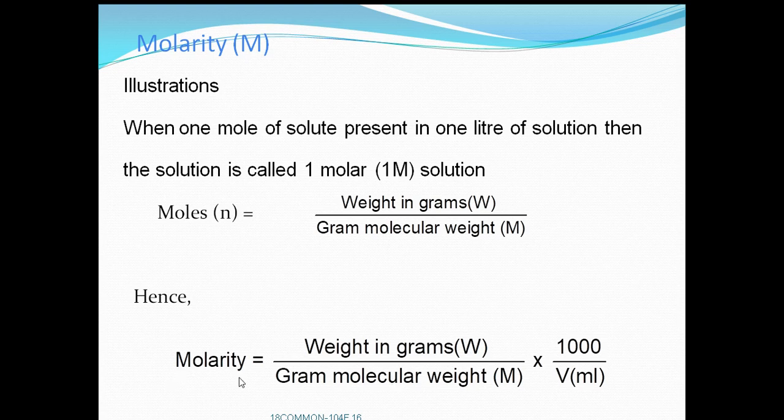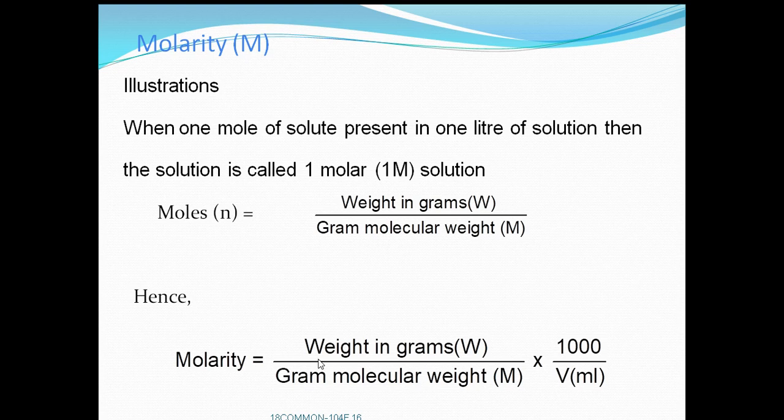So molarity equals weight in grams, indicated by capital W, by gram molecular weight, GMW or capital M, into 1000 by V. Suppose you take volume in milliliters, we write 1000 by V. The same formula, if you take volume in liters, we can write molarity.